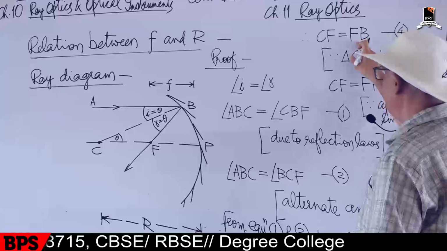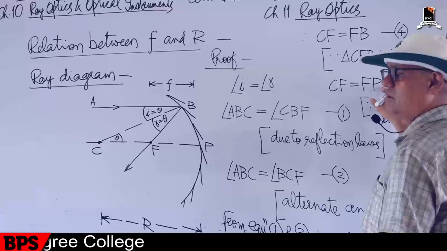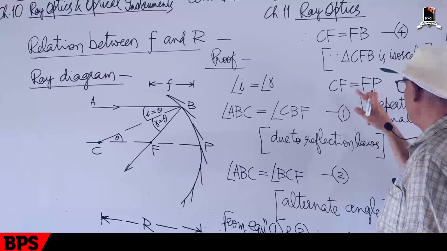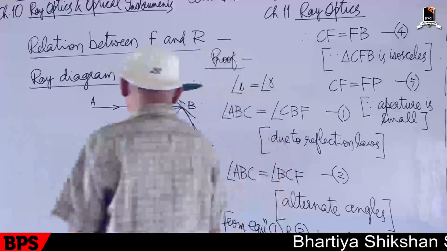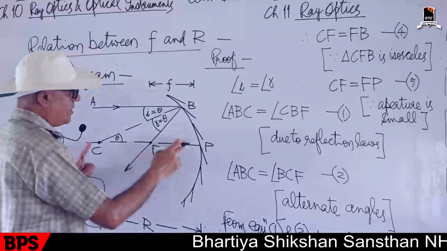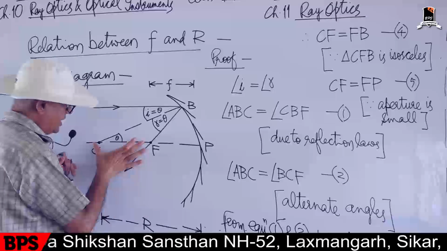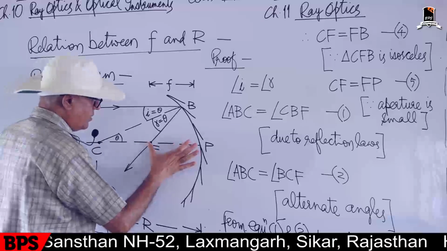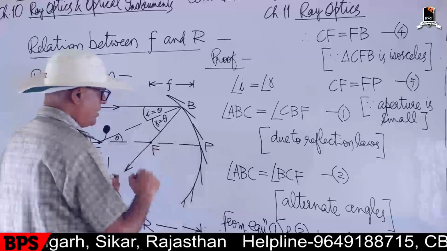And since FB is equal to CF, therefore CF is equal to FP. By looking at this fifth equation, we can say that F is the midpoint of CP, since the length CF is equal to FP.